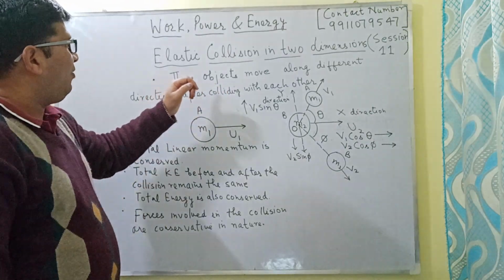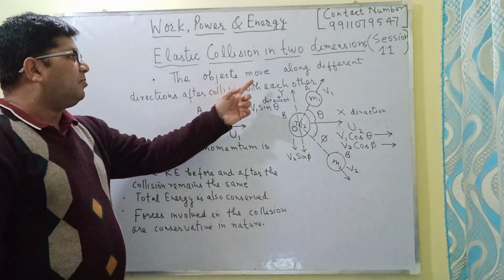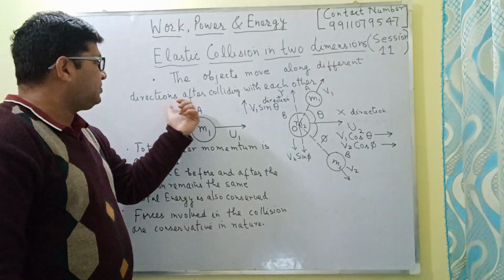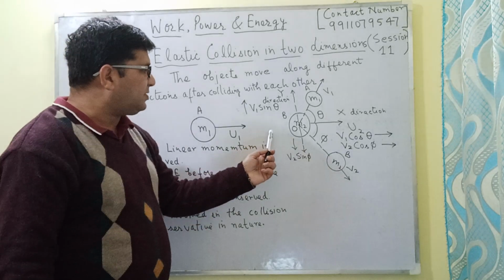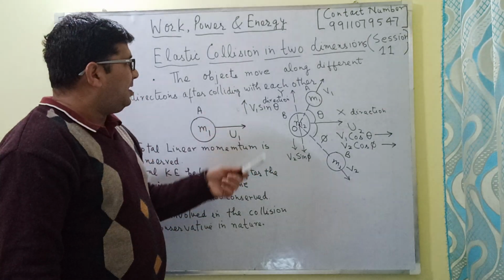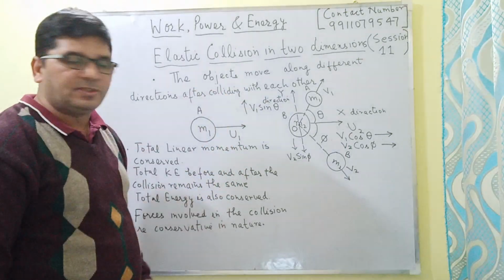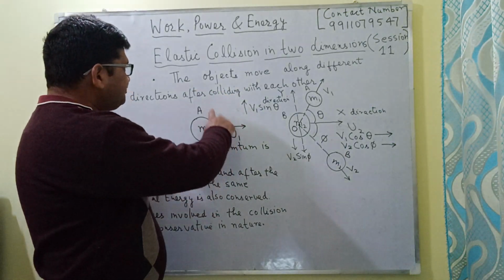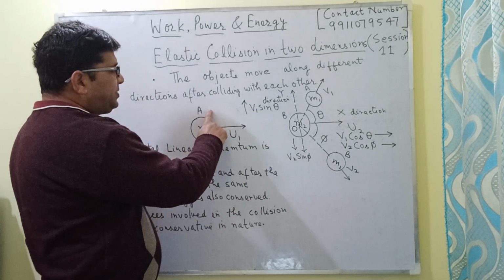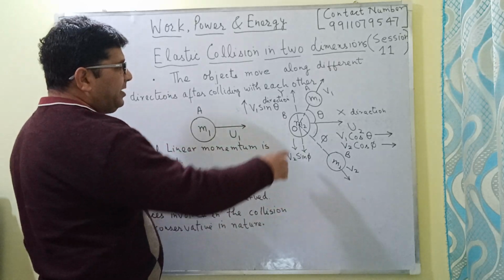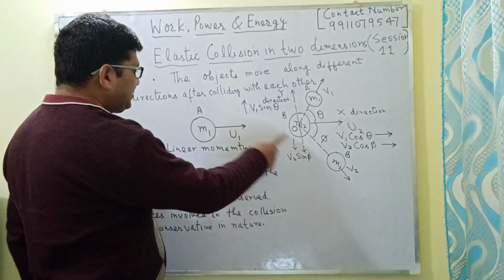Now, in this type of collision, that is elastic collision in two dimensions, the objects move along different directions after colliding with each other. And I have drawn one simple diagram in order to explain this type of collision. So here you can see that this is the object A and this is the object B, and after the collision these two objects are moving in different directions.